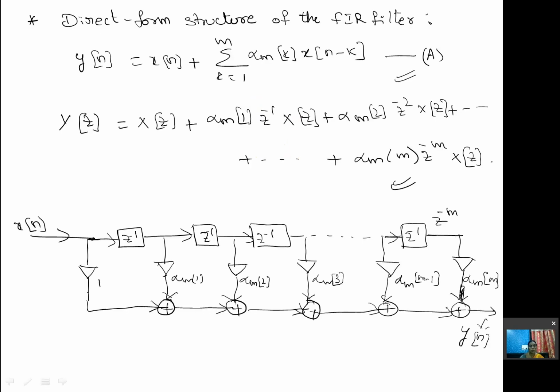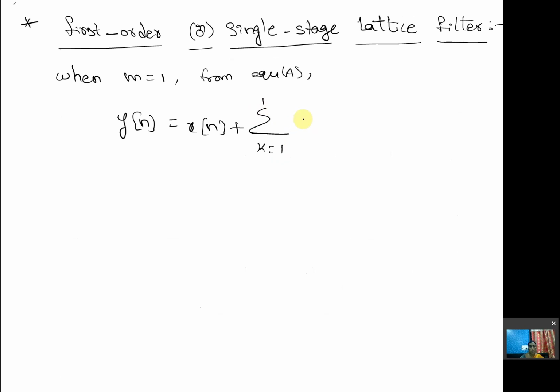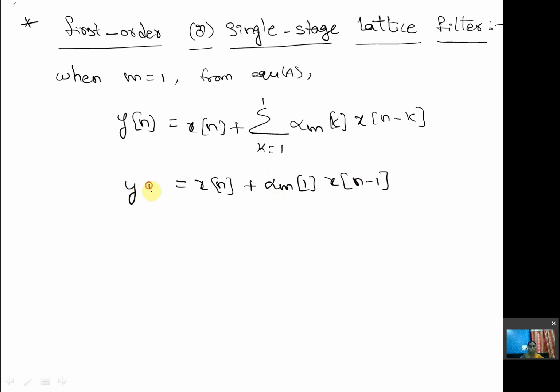Then alpha m of k x of n minus k, that means x of n plus alpha m of 1 x of n minus 1. First order filter. You know this, right?